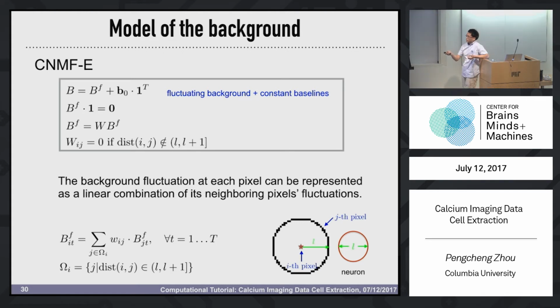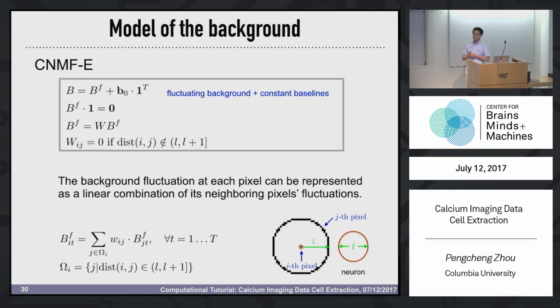For example, if we have a neuron here, and one neuron in the center of this ring, they only share the background, but they don't share the neural signal. And if we use this model to fit the background, only the shared background can be explained. But the neural signal, because it is not shared, couldn't be explained in this regression. That's the idea. Any question?